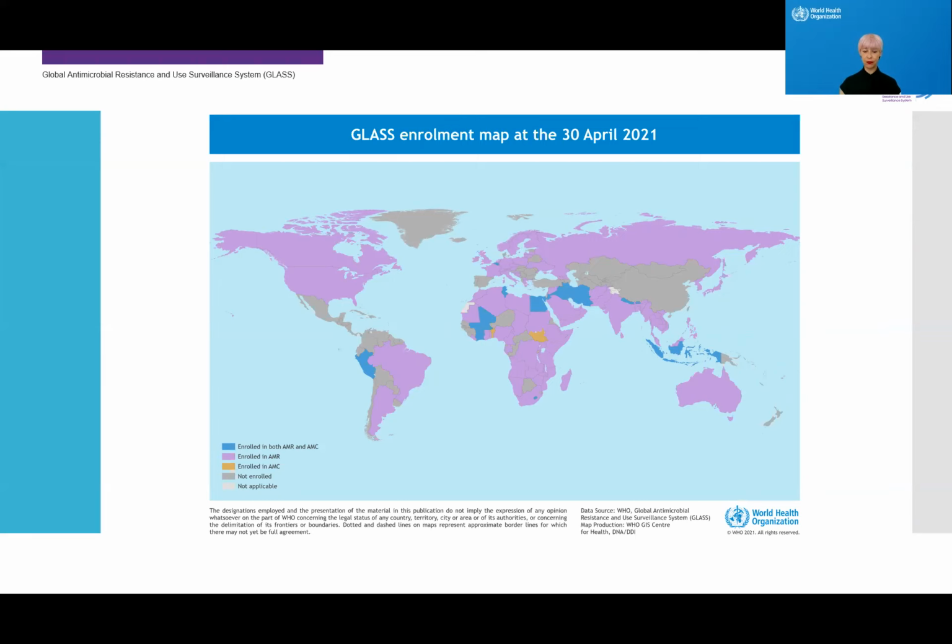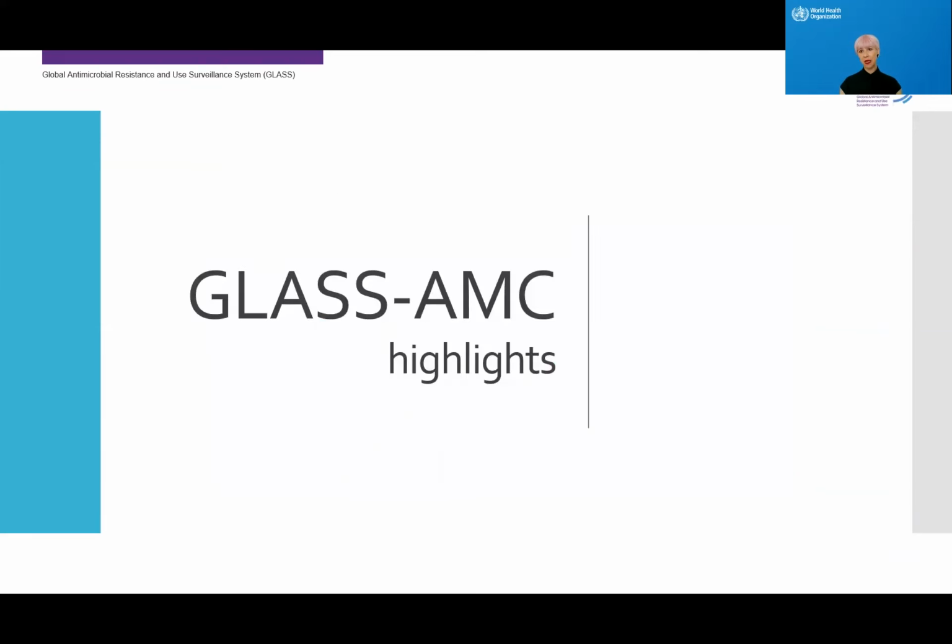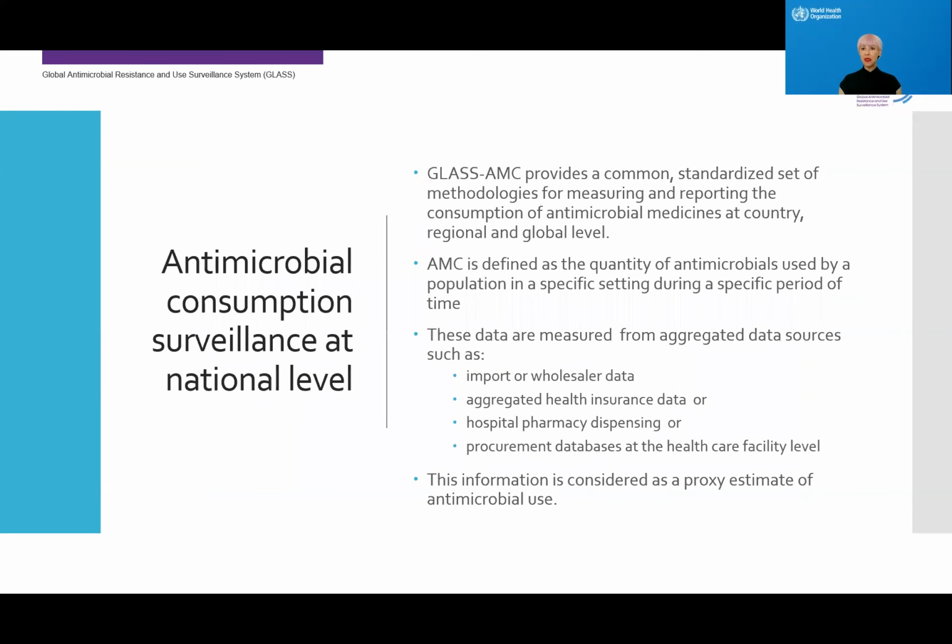In terms of GLASS AMC highlights, GLASS AMC provides a common, standardized set of methodologies for measuring and reporting the consumption of antimicrobial medicines at country, regional, and global levels. Antimicrobial consumption is defined as the quantity of antimicrobials used by a population in a specific setting during a specific period of time.